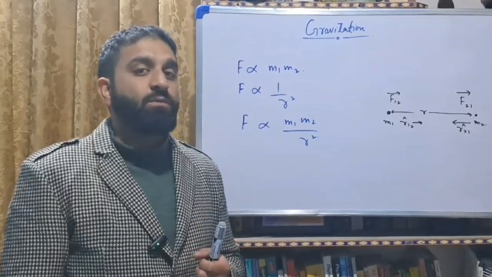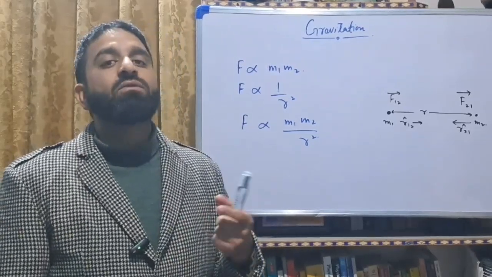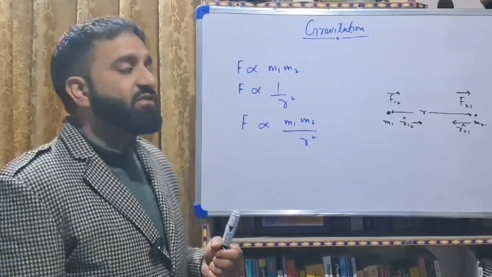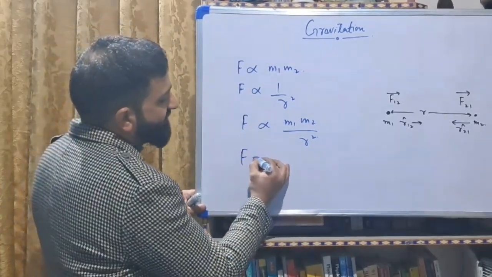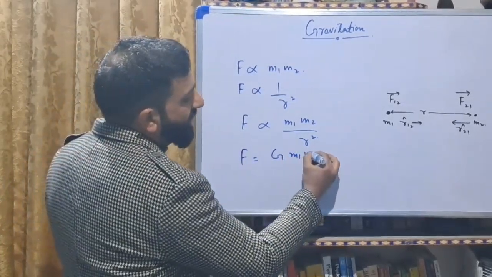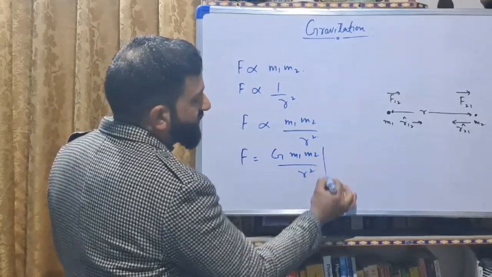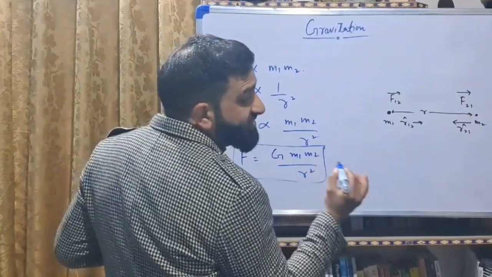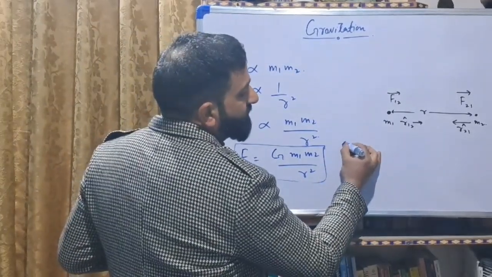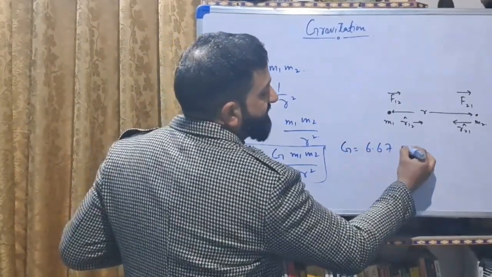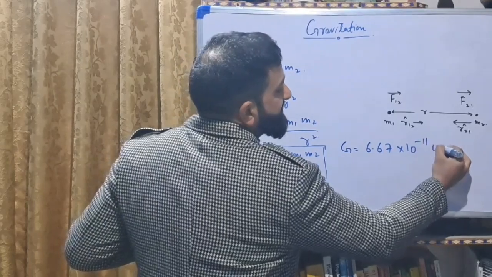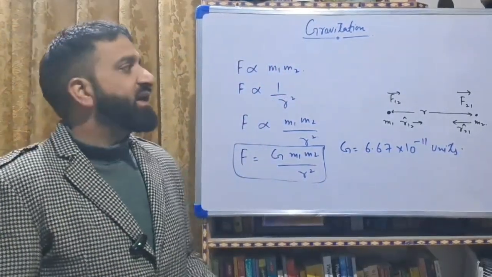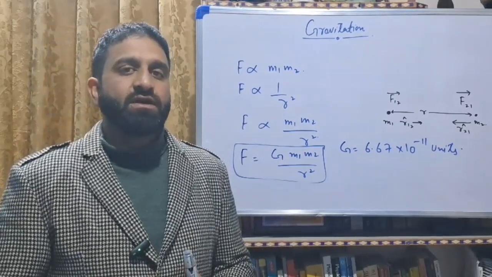That constant of proportionality, by the help of calculations of the force, has got a value, and it is given as the gravitational constant G. So, F is equal to capital G m1 m2 divided by r square, where G is the universal gravitational constant, which has the value G is equal to 6.67 into 10 raised to the power minus 11 units. It is all about the universal law of gravitation.